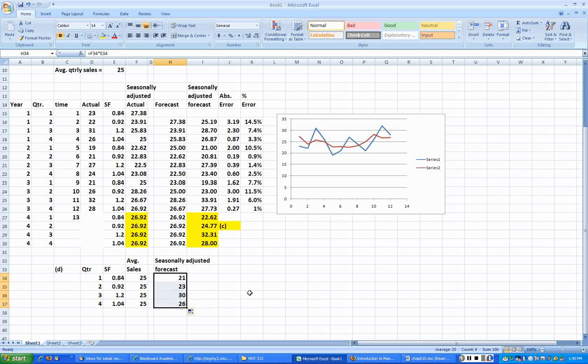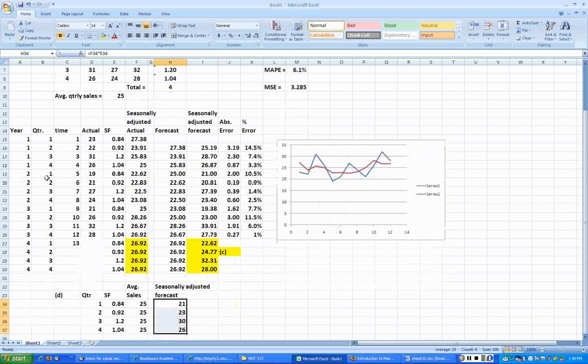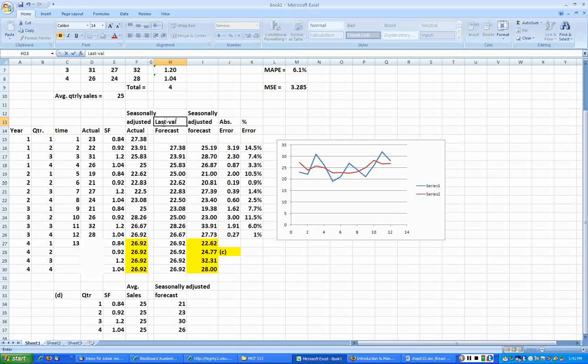Now, here I have shown you how to compute the seasonal factors and apply them to deseasonalize the data, that is, the seasonally adjusted forecast, and use one of the forecasting methods. So here it is the last value method that is asked for in the problem, and if it is any other method like the averaging method, you have to use the averaging method forecast.